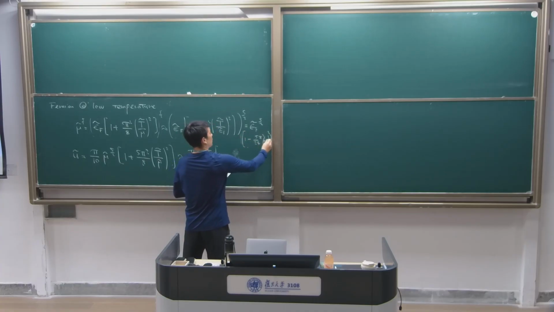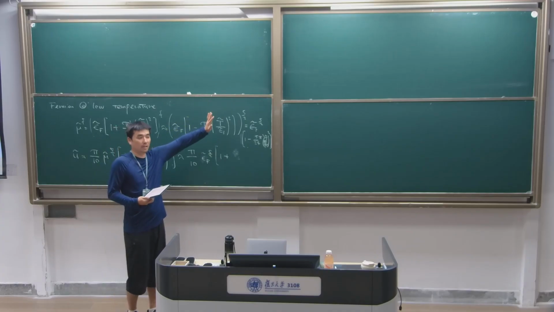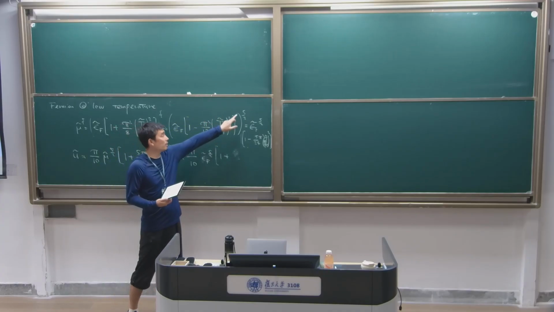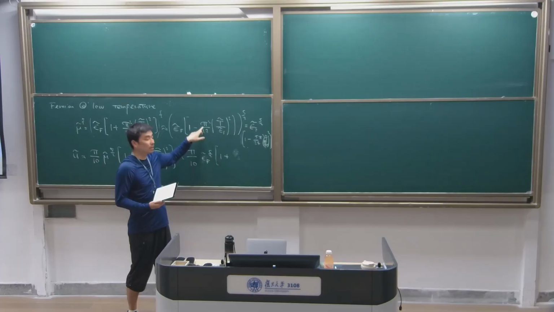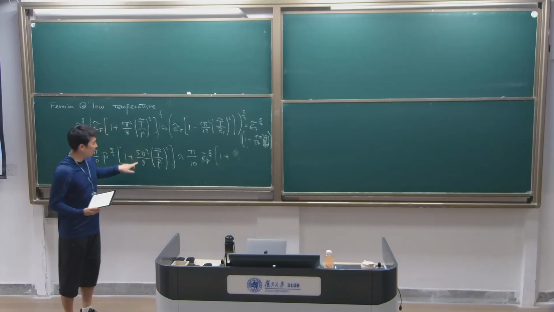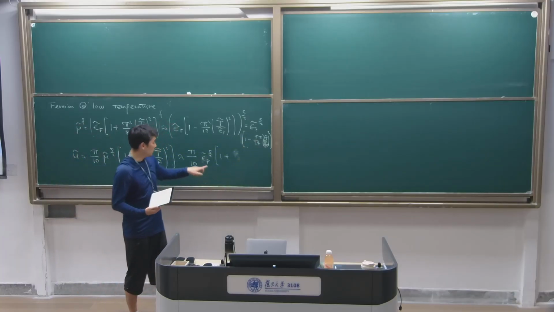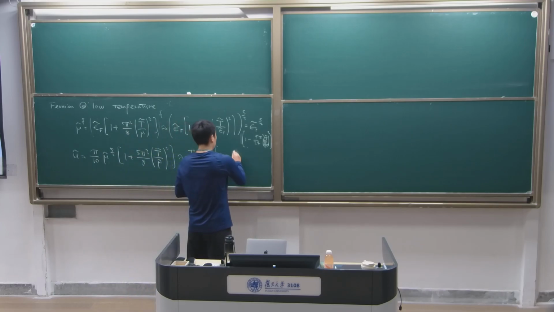So I just do the Taylor expansion of this one, and 5 over 2 times 1 over 12 is 5 over 24. And 5 over 8 minus 5 over 24 is in fact 5 over 12. And then pi squared, and then this.